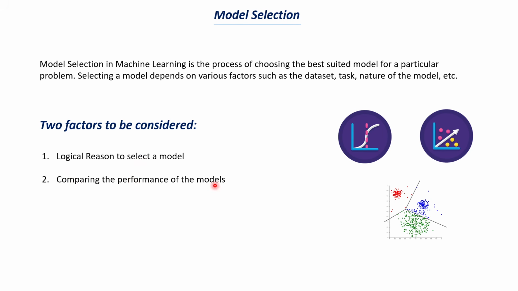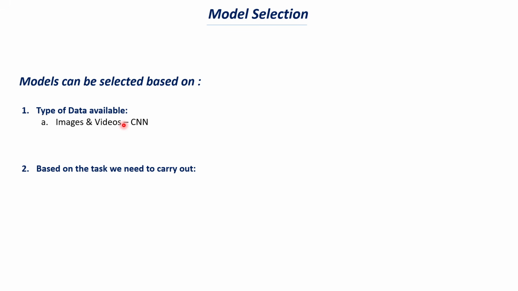When we talk about model selection, models can be selected based on two important factors. One is the type of data available, and the next one is the type of task that we need to carry out. If we talk about the first one, selecting the model based on the data that we have, usually when we have image data and video data, we use CNN.